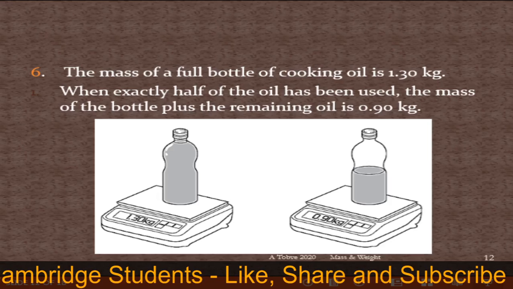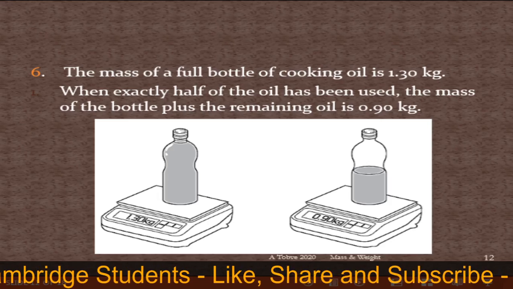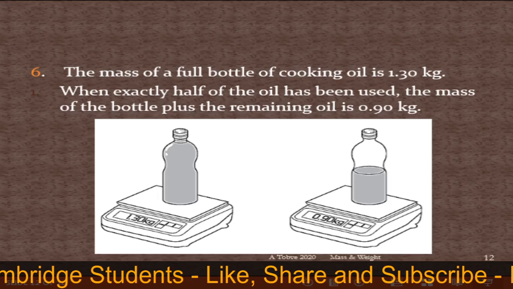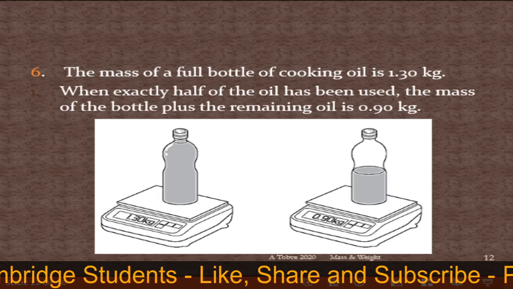And then you take it onto the first equation, B plus C is equal to 1.30. So it's saying B plus 0.8 equals 1.30, and then make B the subject. That gives you 0.5 kg. So the mass of the empty bottle will be 0.5 kgs, which is B.